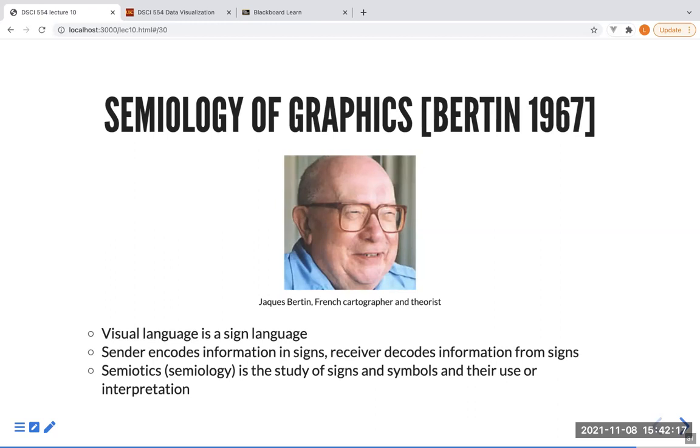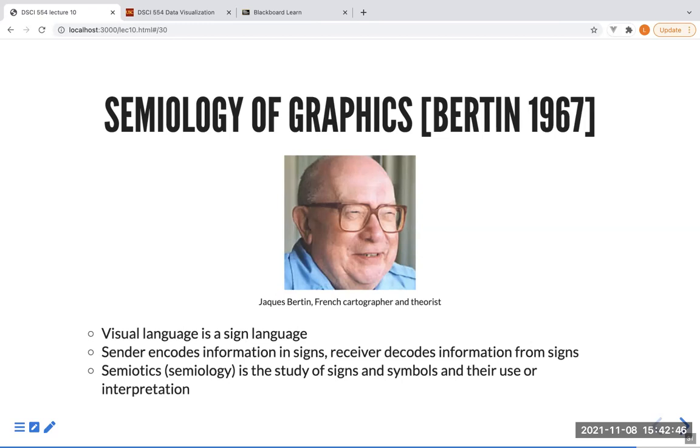And Jacques Bertin is a cartographer from the 60s who had this idea that you can think of visualization as systems that are just transferring information with signs, where the data is encoded by some pattern.